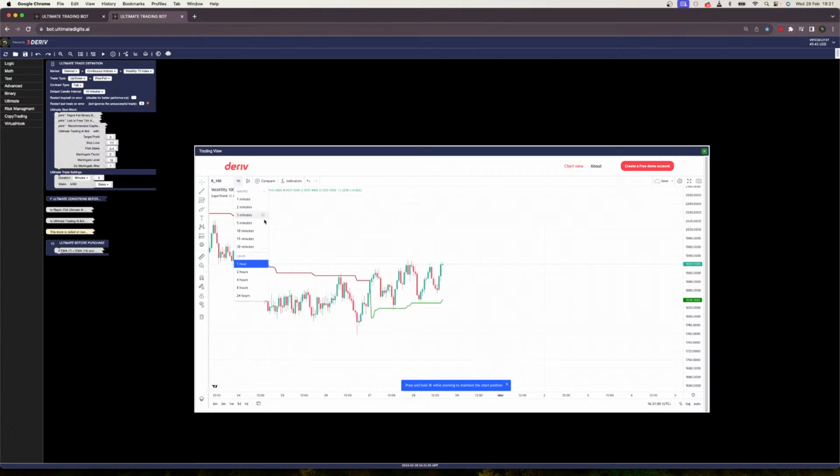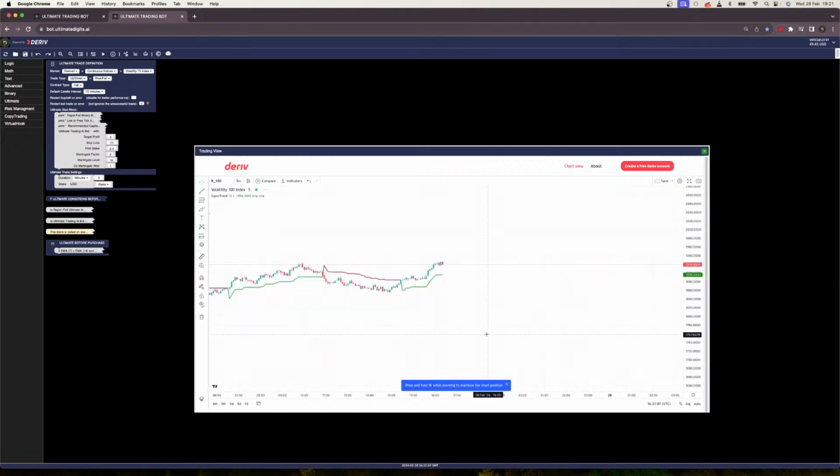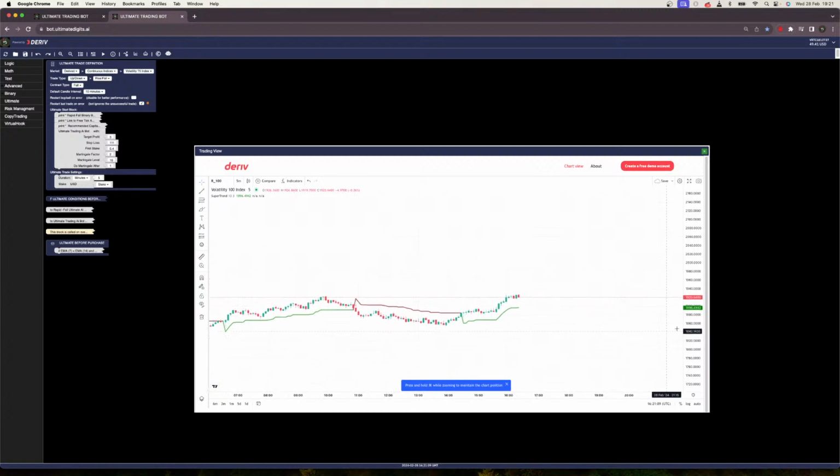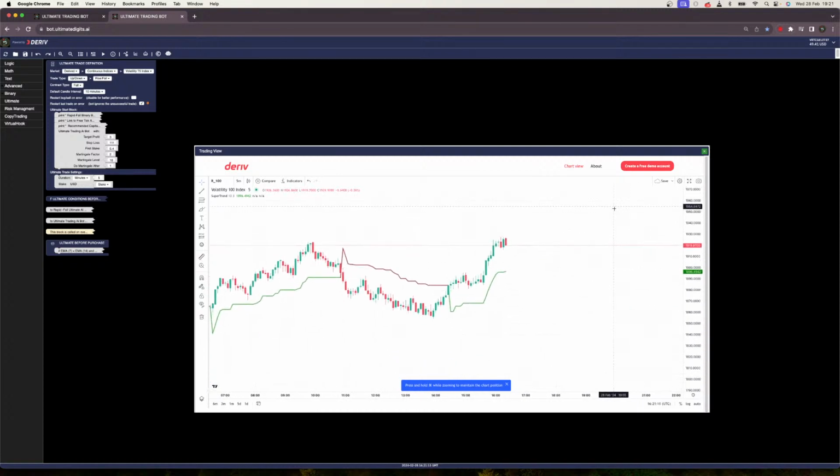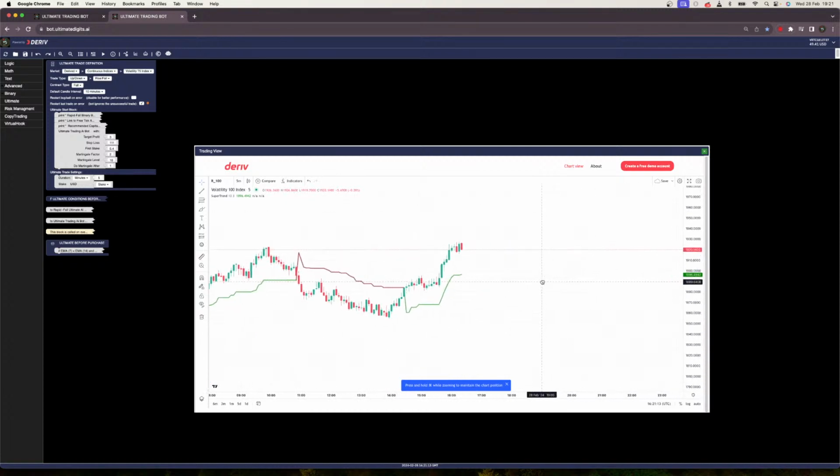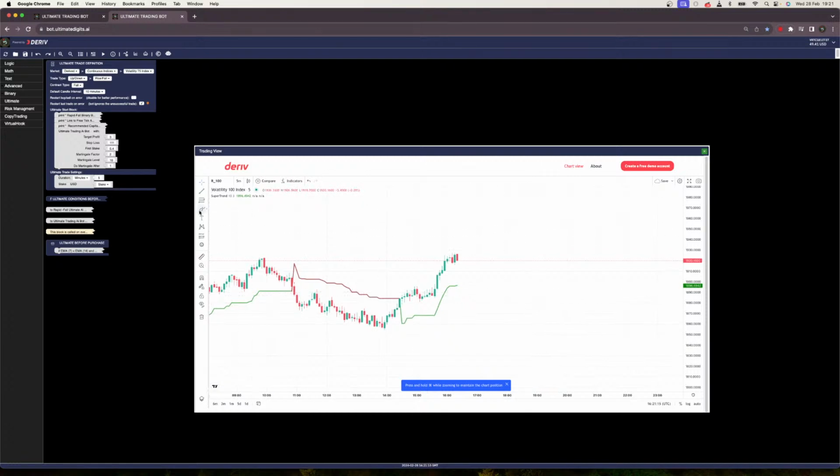So we have seen on 5 minutes, 15 minutes and 1 hour we are on the same trend. So you can run the bot on this market on an uptrend. I've said the best point to run the bot was around this area, so you have to watch out for the best entry points.